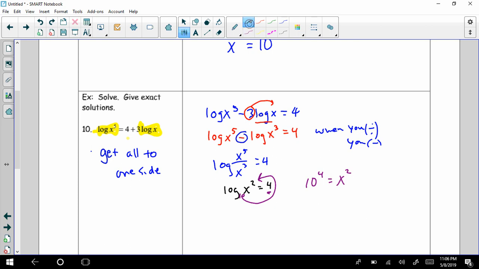If I take the square root of both sides, then 10 squared would equal x. So x is equal to 100. Always double check and make sure that that is the right solution.